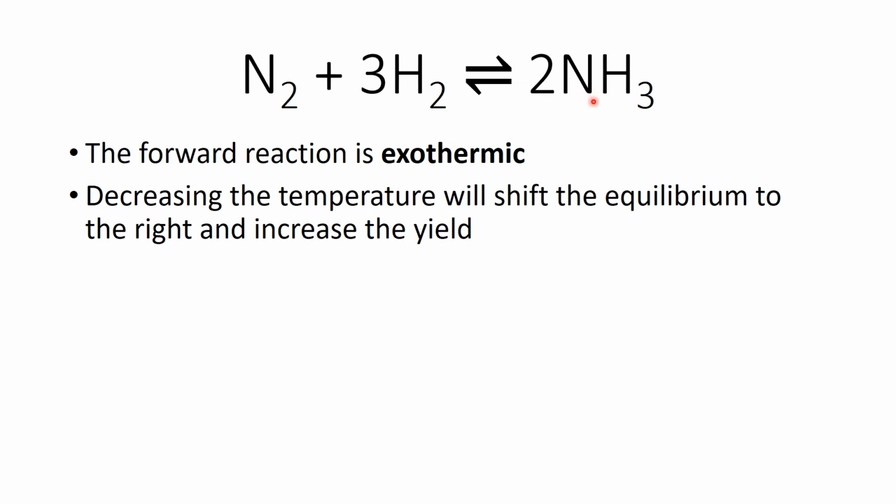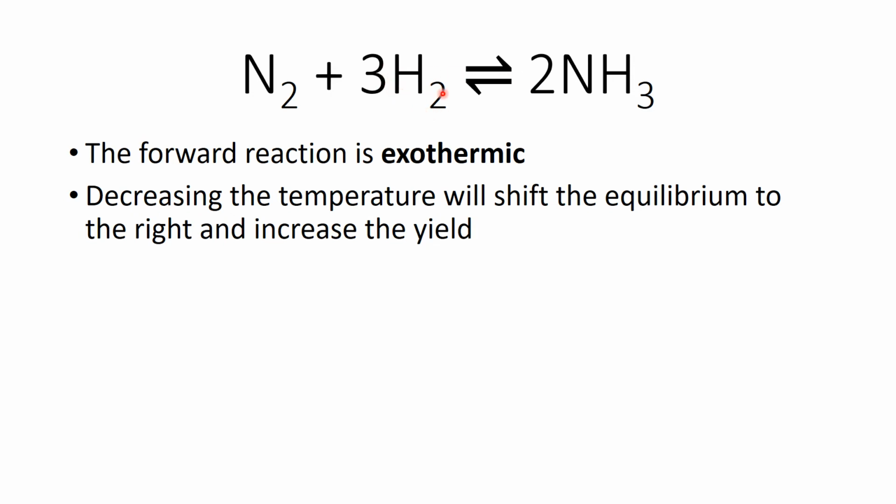If we decrease the temperature, the system will try and shift the equilibrium to the right, creating more ammonia, shifting it towards the exothermic direction. If you increase the temperature, the endothermic reaction would be favoured, towards the left-hand side, plus 92 kilojoules per mole.